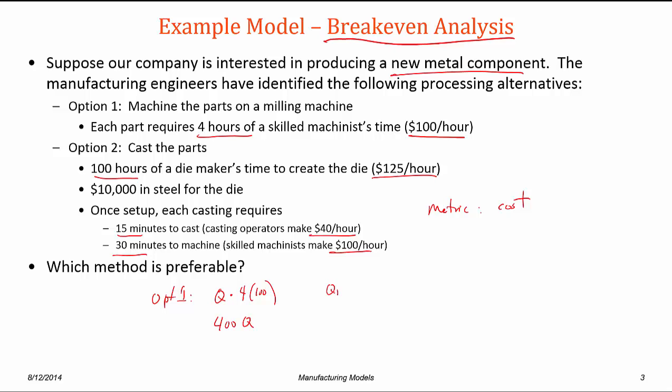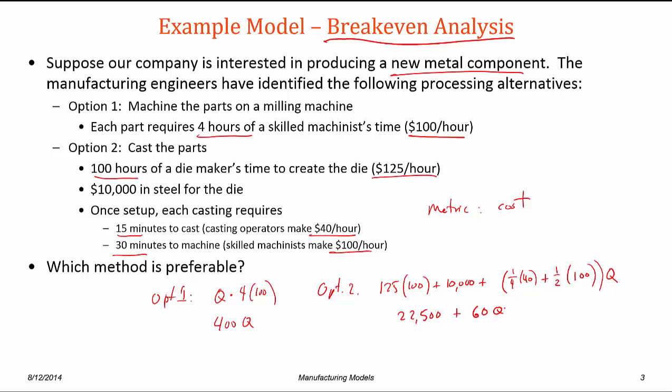If we look at option 2, we have this initial cost to create the die, so we have 125 times 100 plus 10,000, plus now 1/4 of an hour times 40 plus 1/2 times 100, times Q. So we have 22,500 to create the die plus $10 for casting, $50 for follow-up machining, so 60Q.